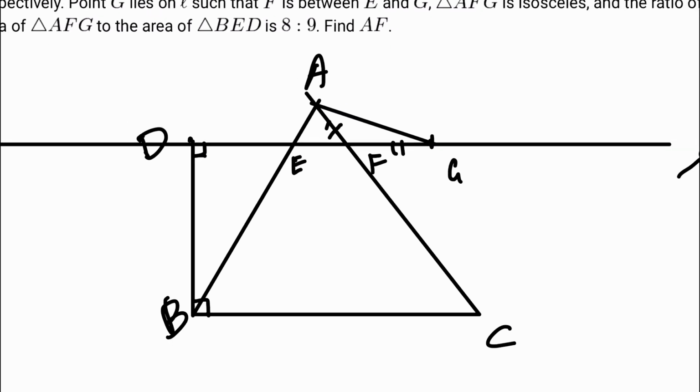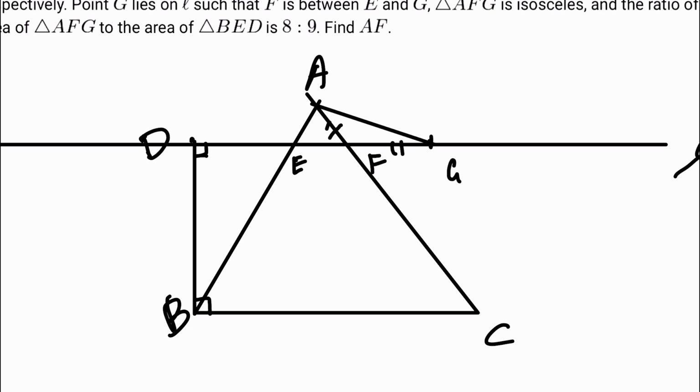So recall that this triangle AEF and this big triangle ABC are going to be similar, which means that if we have ABC as an equilateral triangle, then AEF is also an equilateral triangle.